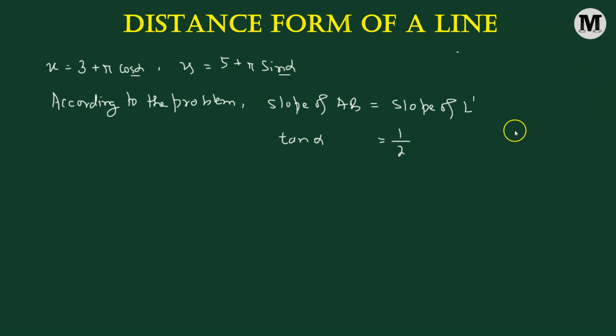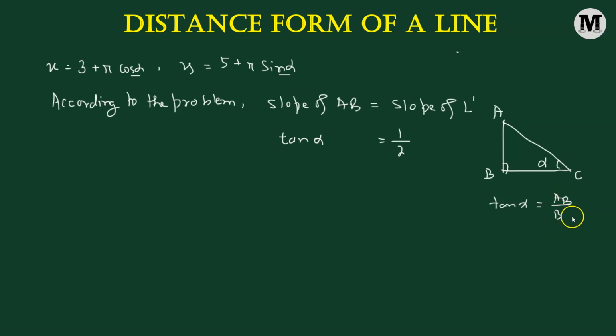So for this, let us consider the right angle triangle ABC. We have the right angle triangle ABC, which is right angled at B, and angle C corresponds to the angle alpha. Now what is tangent of alpha? We know that tangent of alpha is simply defined as the opposite over the adjacent.